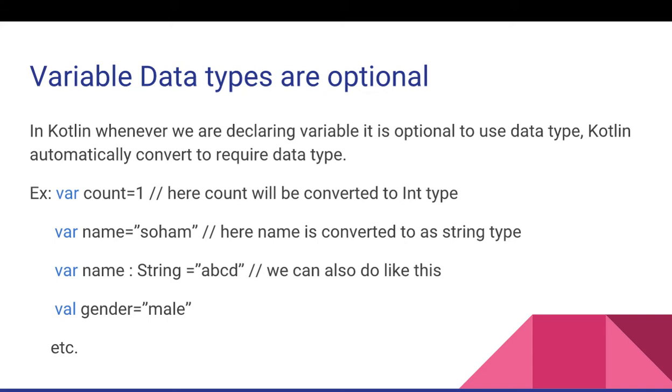Here count will be converted to the int type, and var name equals so on, here name is converted to the string type. It's the compiler's work to convert to the required data type. So for var name, we can also declare var name colon String equals abc. So the data type is optional when declaring a variable. Here val gender equals male, etc. We can declare other variables also.